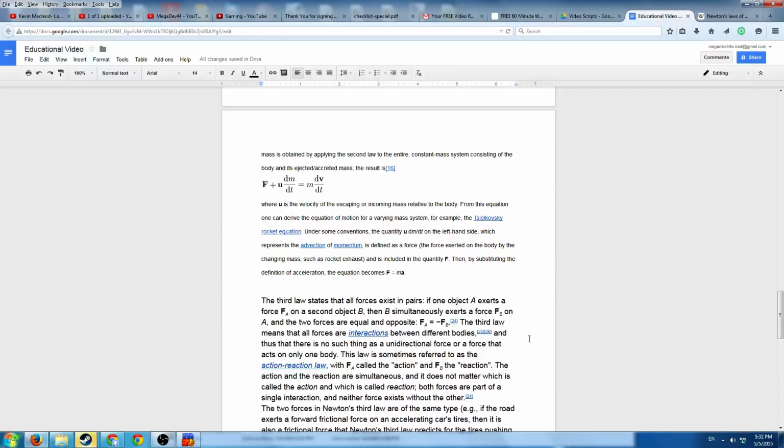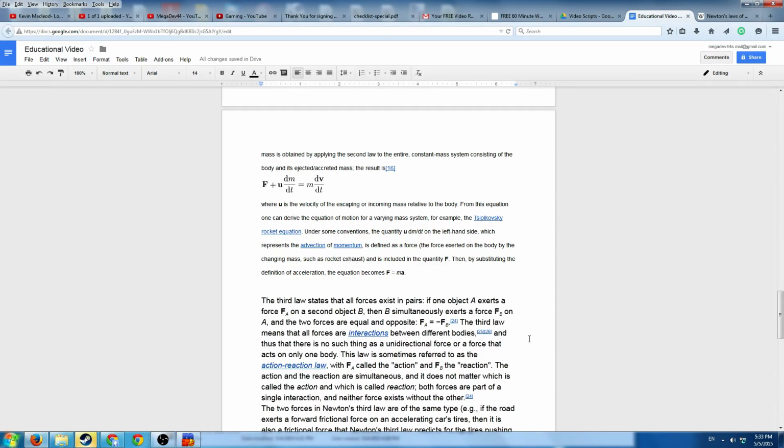This law is sometimes referred to as the action-reaction law, with F_A called the action and F_B the reaction. The action and reaction are simultaneous, and it does not matter which is called the action and which is called the reaction.